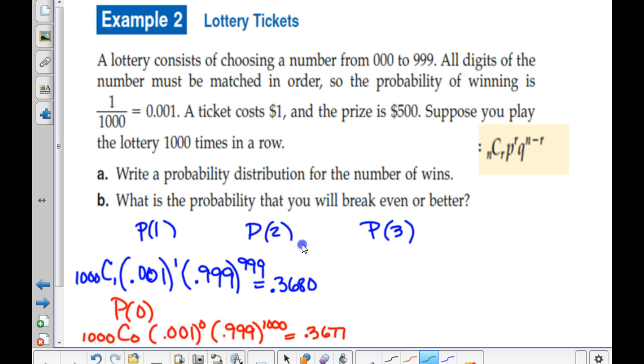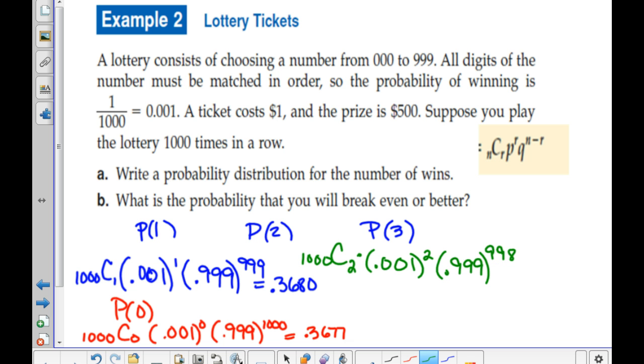Now, what is it going to look like if you win twice? Can anybody figure out the pattern here? Out of 1,000, you're going to win twice. What would you type next? Probability of winning to the second times the probability of losing to the 998.